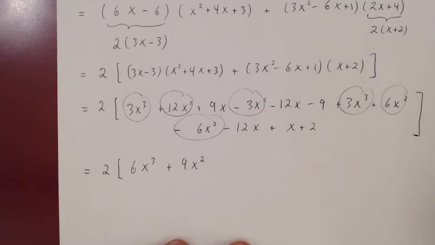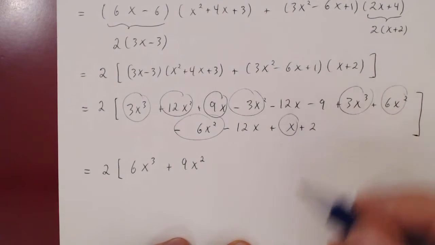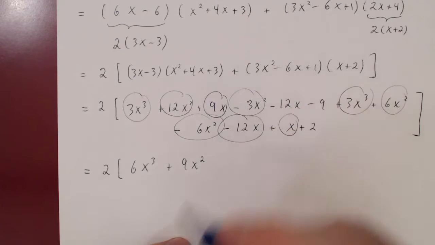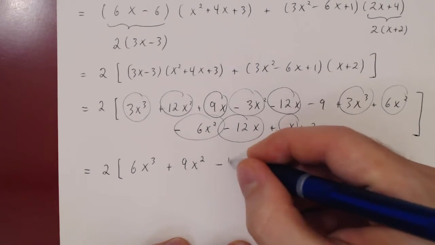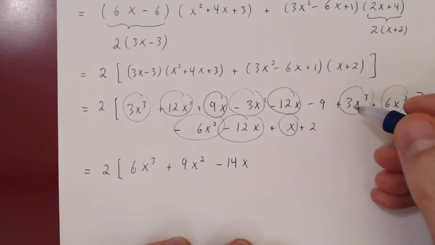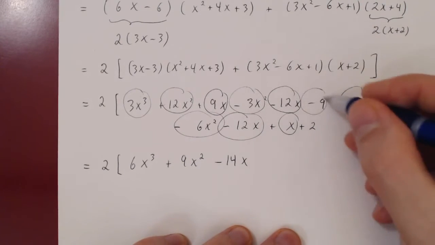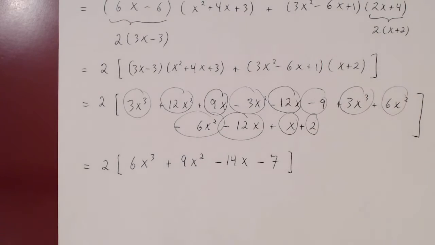Multiples of x, well, what do we have here? 9x plus x is 10x, minus 12x, minus 2x, minus 12x, minus 14x. And finally the constant term, negative 9 plus 2, negative 7.